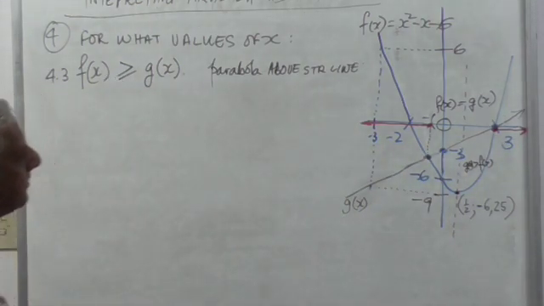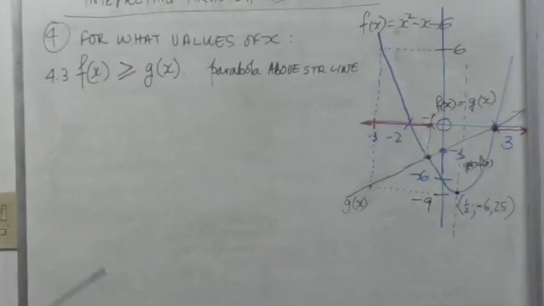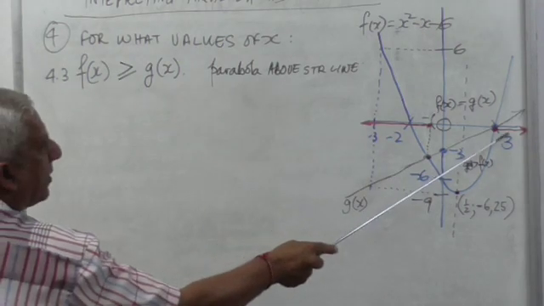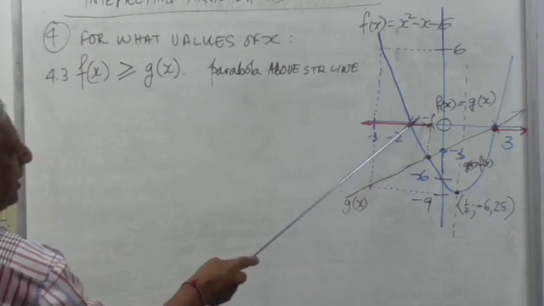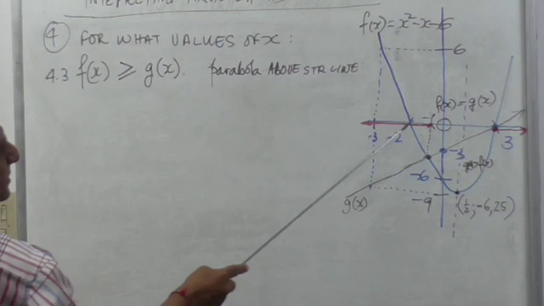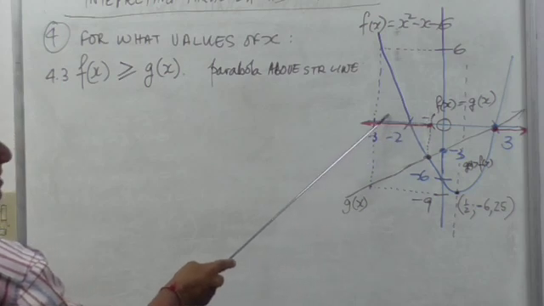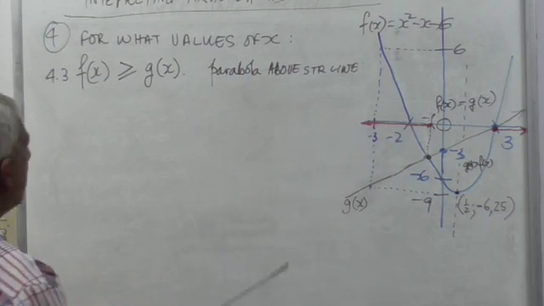So this time you have two sets of answers. One on the left, one on the right. Now if you look at the one on the left, it's -1 and all the numbers less than -1. So how do you write that?